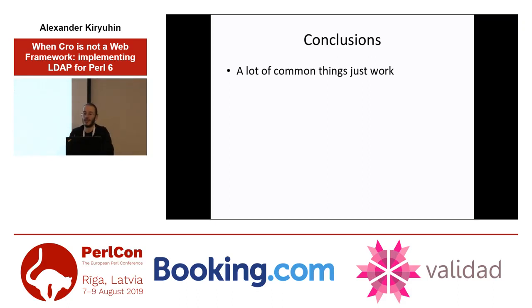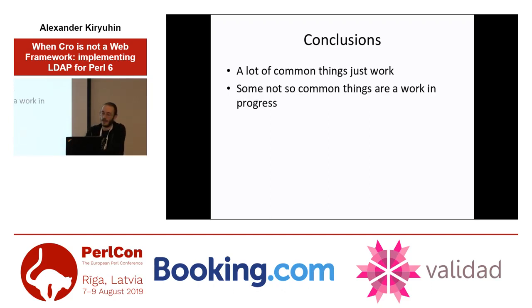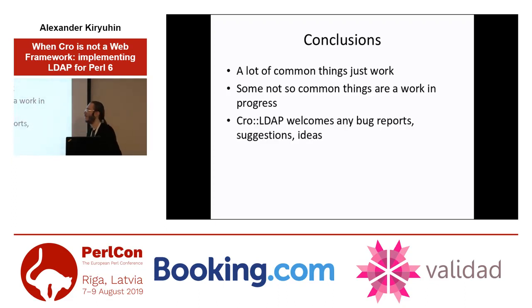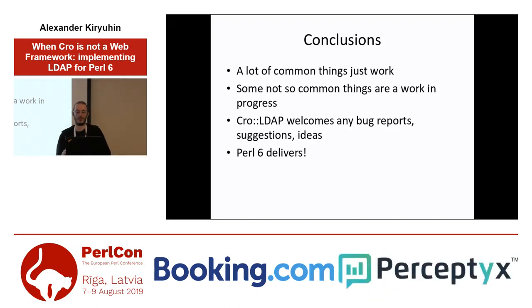It is a mature old implementation of an LDAP directory server. And some common things are still work in progress, but well, we are trying, and we welcome any bug reports, suggestions, ideas, any feedback, and Perl 6 delivers both your data and whatever you want.